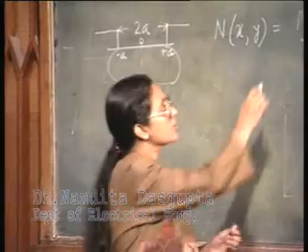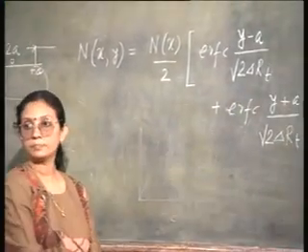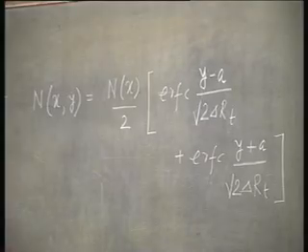So whatever was nx, I have simply multiplied it by the distribution in the y direction in order to get this thing, the x and y direction.